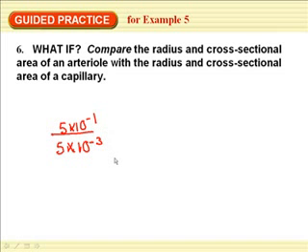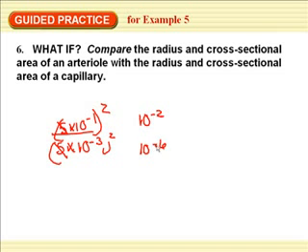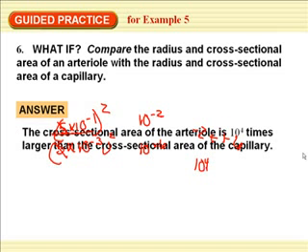And compare the area. You would square both of these. So those would still cancel out. This would be 10 to the negative 2 over 10 to the negative 6. Negative 2 minus negative 6 would be 10 to the 4th. And it's exactly what they asked me to do in B, and I just put in those formulas. Look at that, 10 to the 4th.